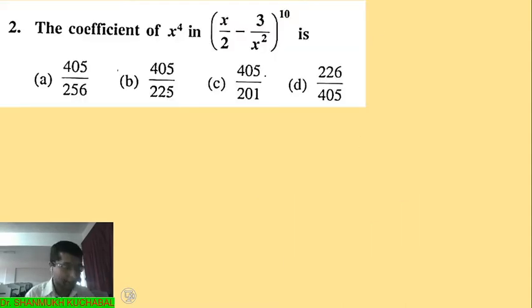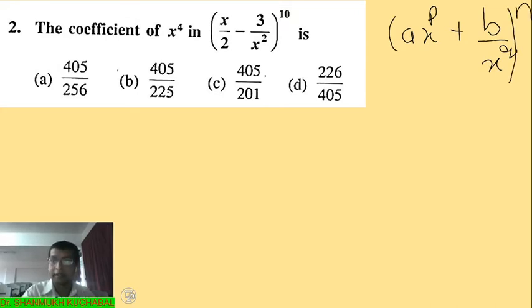Okay, next example. The coefficient of x raised to 4 in (x by 2 minus 3 by x square) raised to 10 is. This expression is in the form of a x raised to p plus b x raised to q.